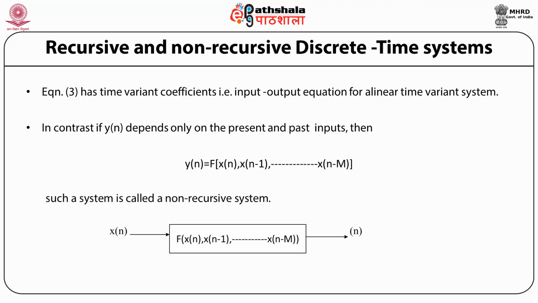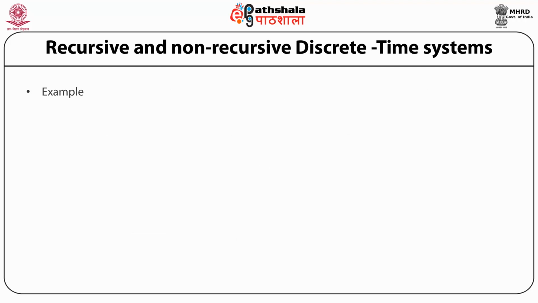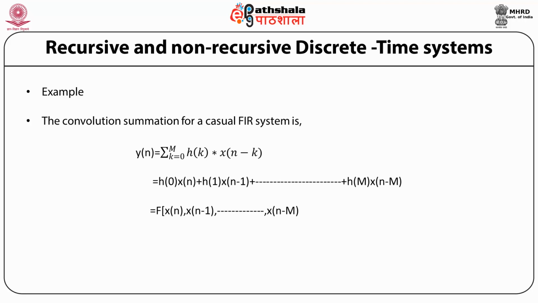So such a system is called a non-recursive system, which is shown mathematically in the figure below. Let us take an example. The convolution summation for a causal FIR system is given by y(n) equal to summation over k equal to 0 to M of h(k) multiplied by x(n minus k), where this multiply is the convolution, equal to h(0)x(n) plus h(1)x(n minus 1) plus so on plus h(M)x(n minus M).